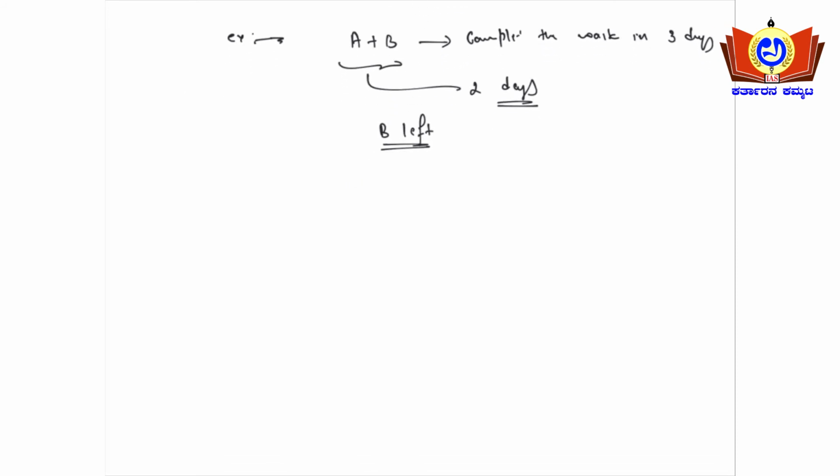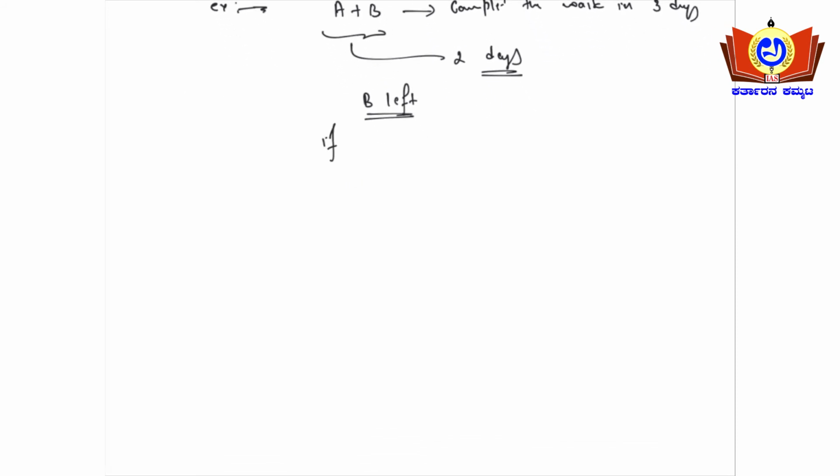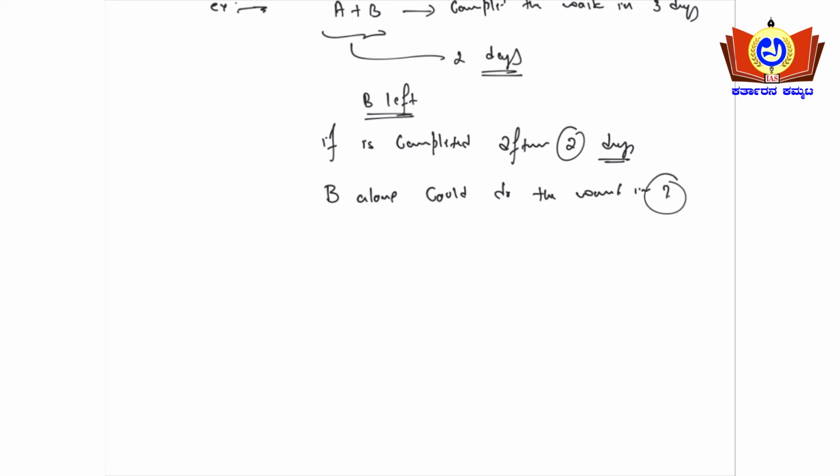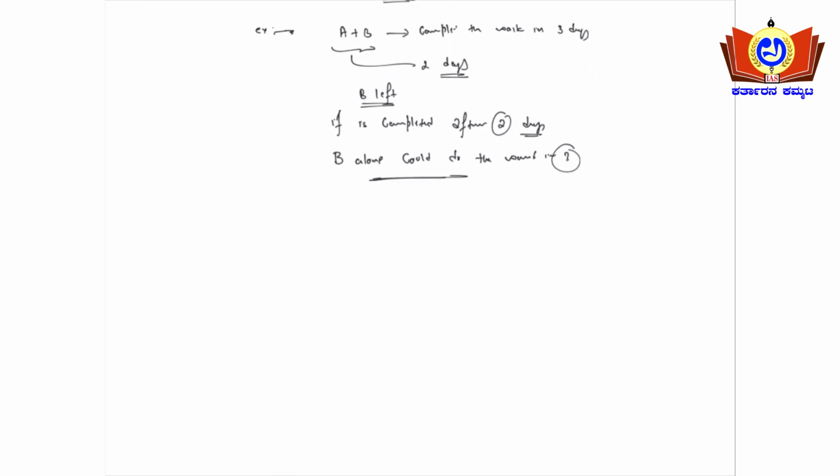The work is completed after B leaves, taking another 2 days for A to complete. Then B alone could do the work in how many days? This is the question here. You got the question, right? You understood the question. See here, I'll be solving it.